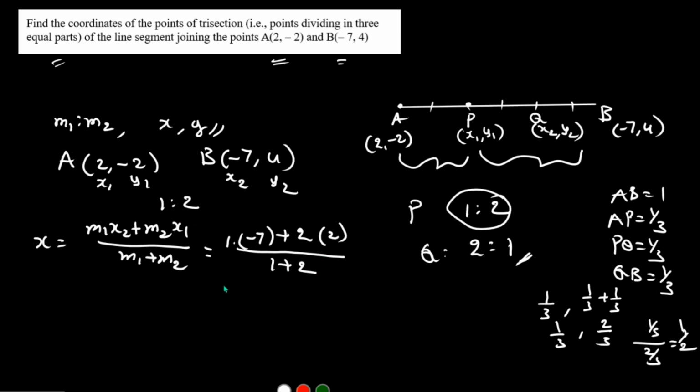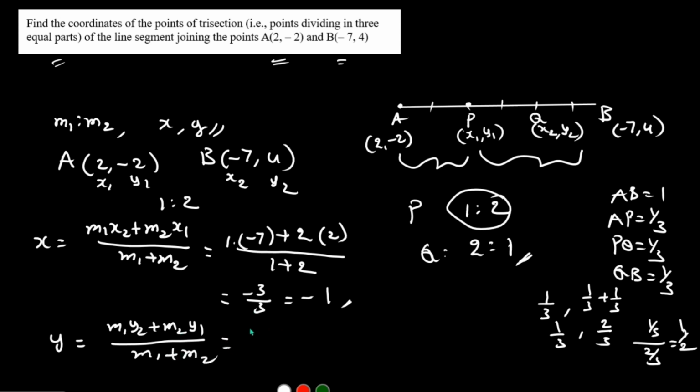If we simplify this x coordinate, we get -7 plus 4, which is -3, divided by 3, equal to -1. Similarly, for the y coordinate: (m1 y2 plus m2 y1) divided by (m1 plus m2).